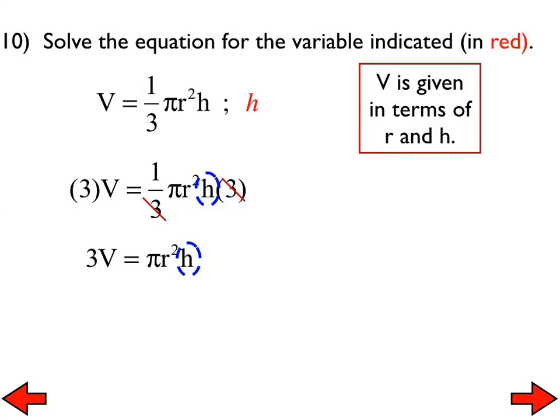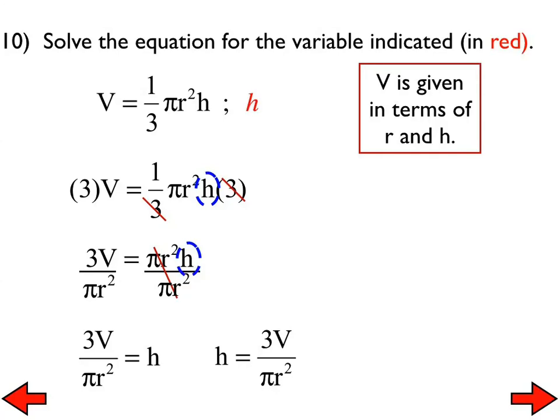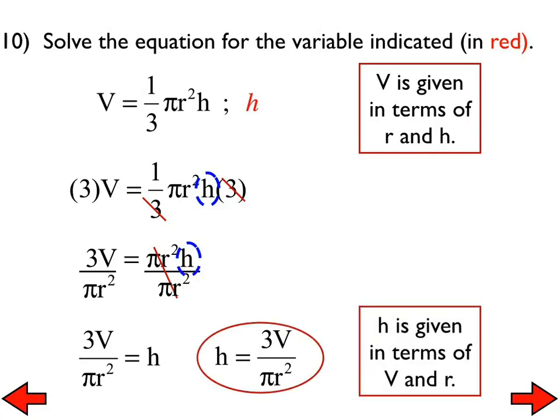The pi r squared h means pi times r squared times h. So all we have on that right-hand side is multiplication to undo, and to undo multiplication, you divide. And I can do it all at the same time if I want to. So I'm going to divide both sides by pi r squared, and that leaves me with h equals 3v over pi r squared. So now h is given in terms of v and r.